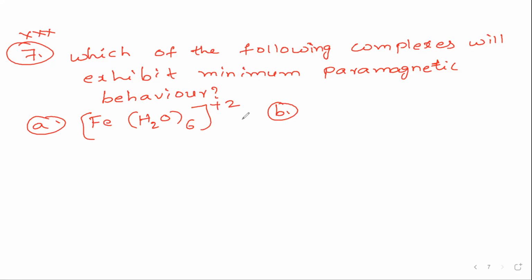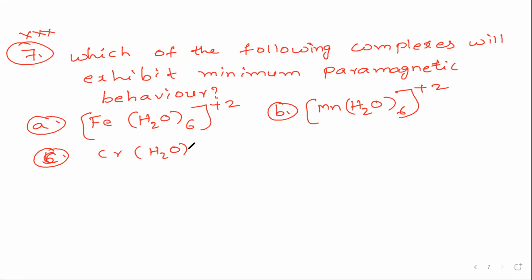Next, option B, Mn(H2O) taken 6, again +2. Next, option C, Cr(H2O) taken 6 times with +2 state. And next we have Ni(H2O) taken 6 times with +2 state.